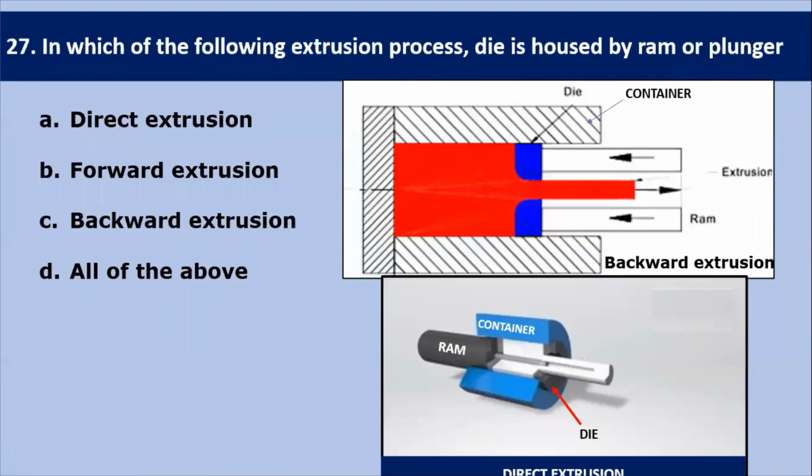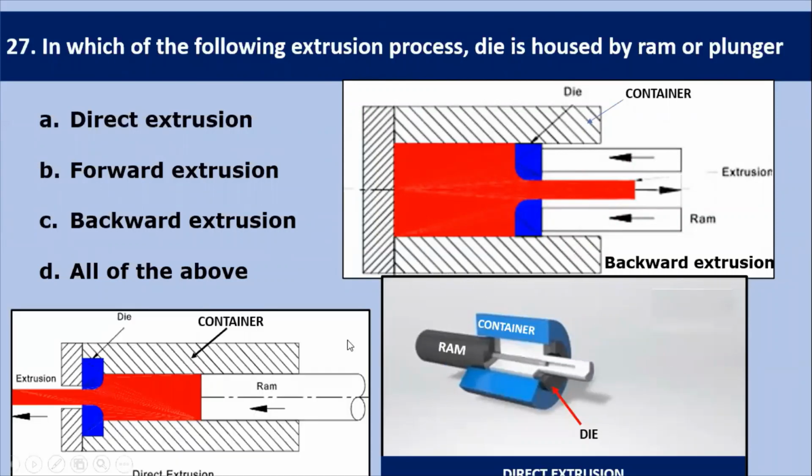Next question: in which of the following extrusion processes is the die housed by a ram or a plunger? Now I'll show you the diagram here. This is direct extrusion. In this case you can see the die is mounted on the container. Is it clear?